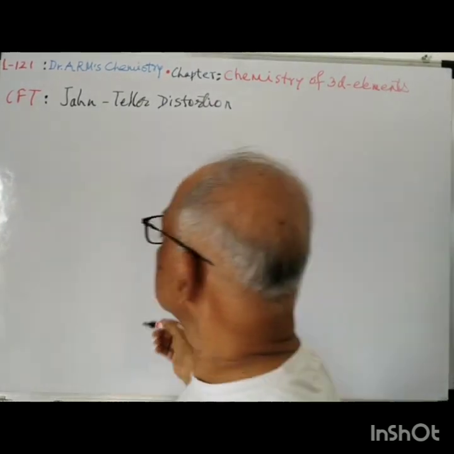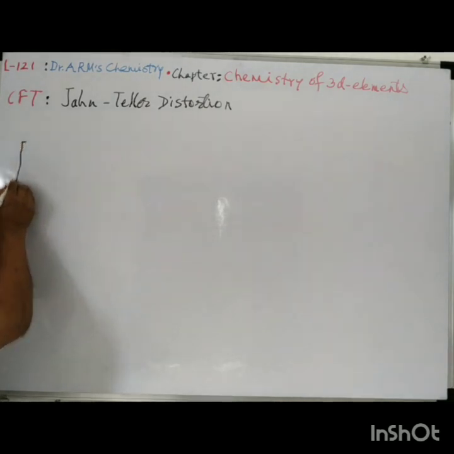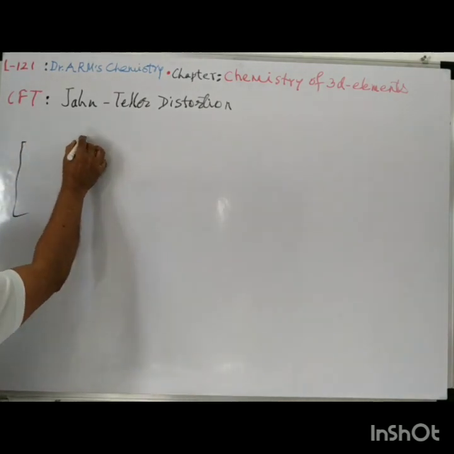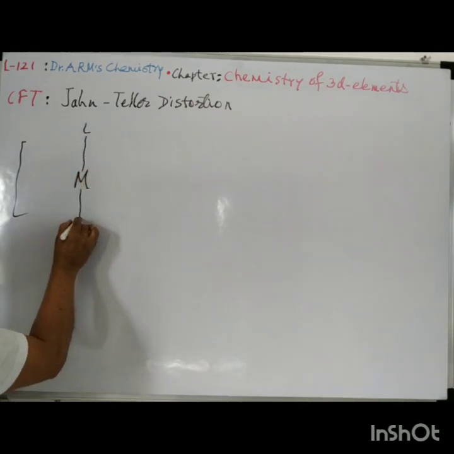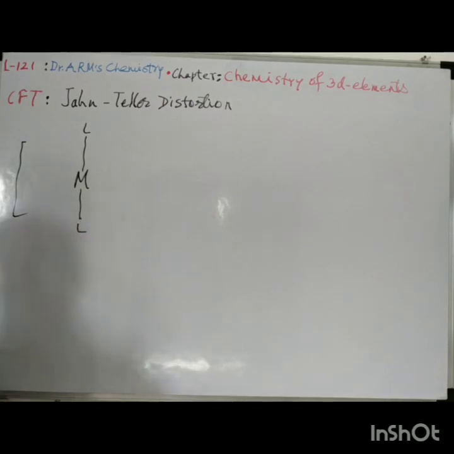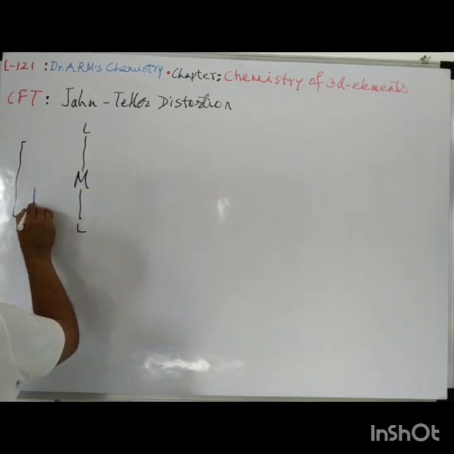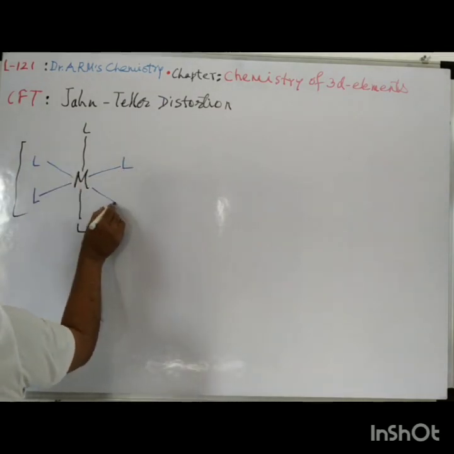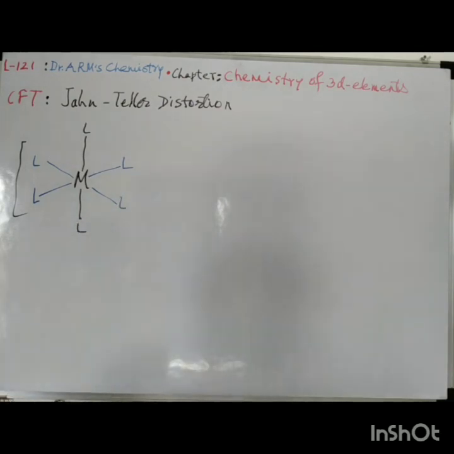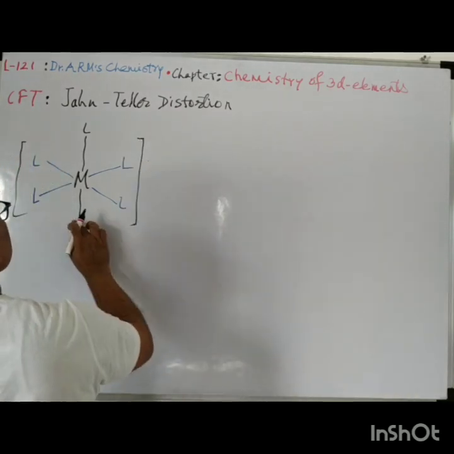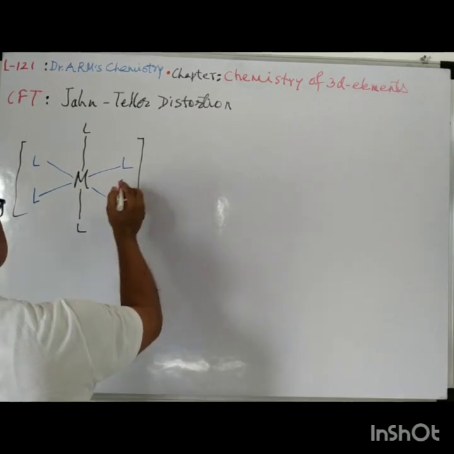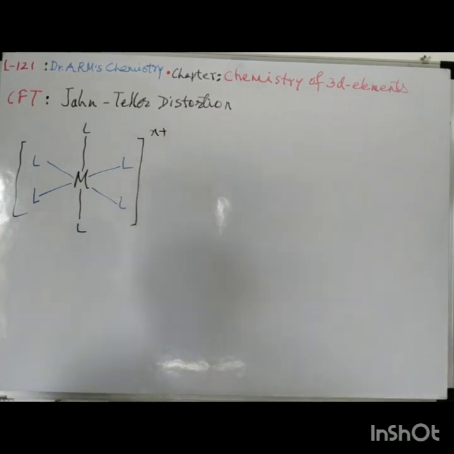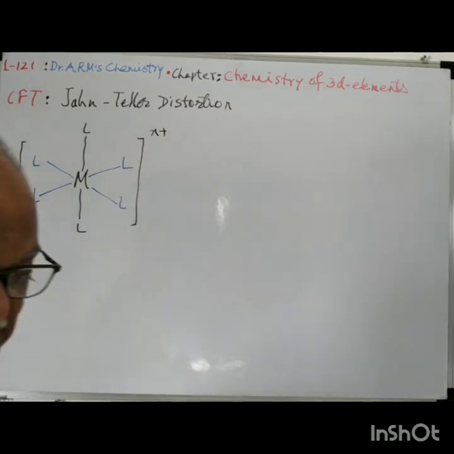We know that the metal ion is at the center and the ligands are arranged in this way. This is the oxidation state, say n+.